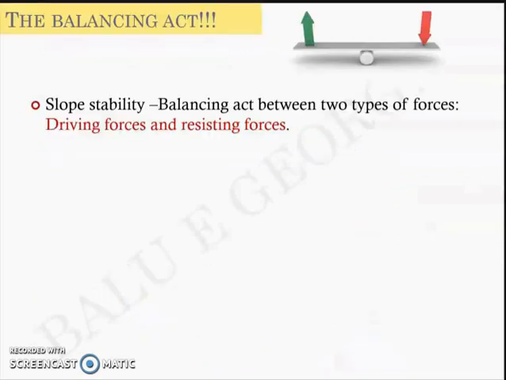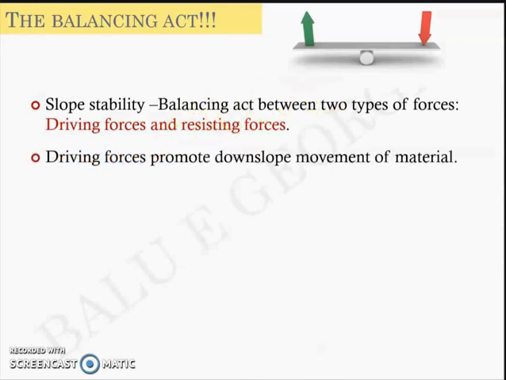Now, before we go much deeper into the analytical part, let's try to understand the basics of the physical action behind slope failures. I've written it as a balancing act because it is in fact a balancing act of a driving force and a resisting force, or a balancing act between a force that promotes the downward slope movement of material and a force which resists the movement, right?